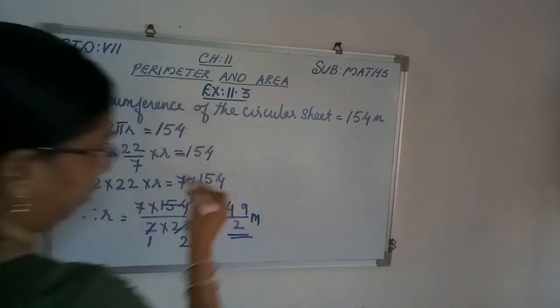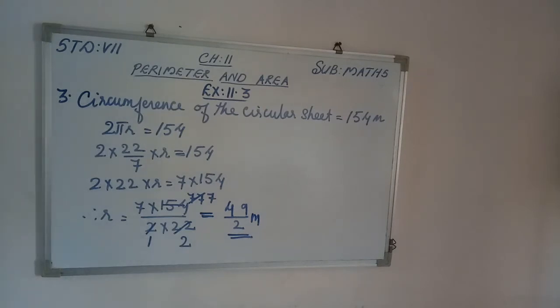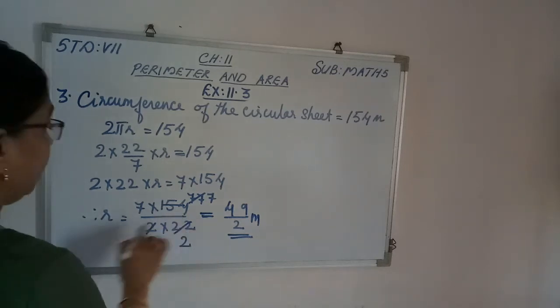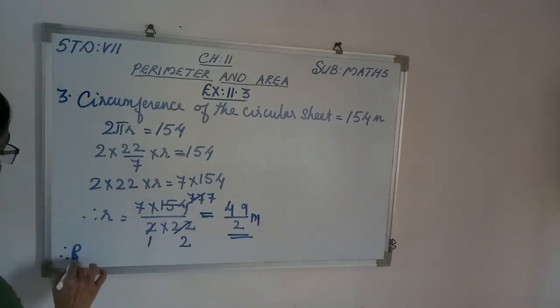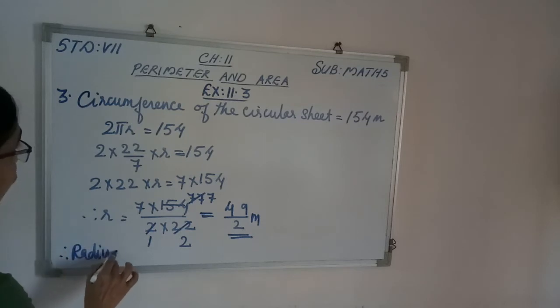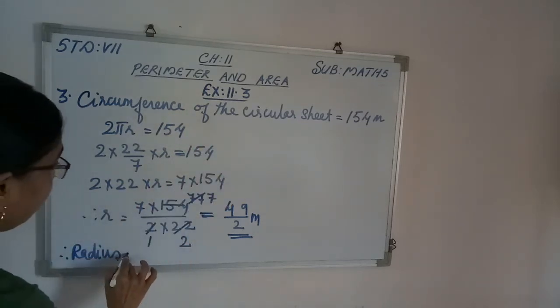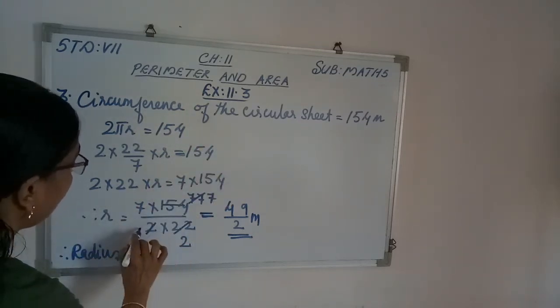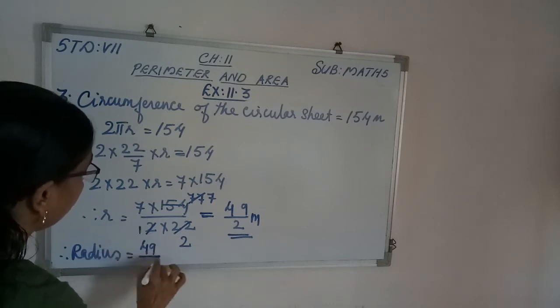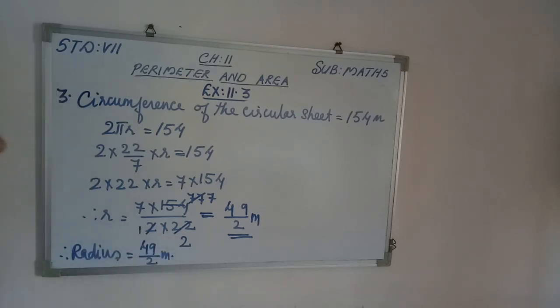Keep it as it is. Okay. Now, what to find out next? Area. So, here we can write, therefore, radius of the circular sheet is equal to 49 upon 2 meter. That's the radius.